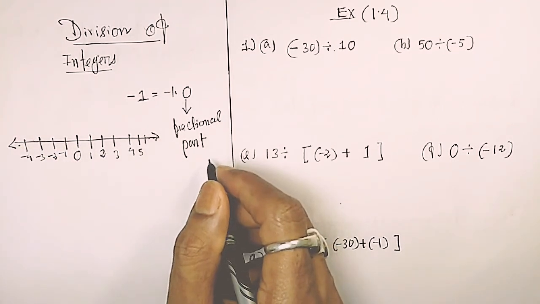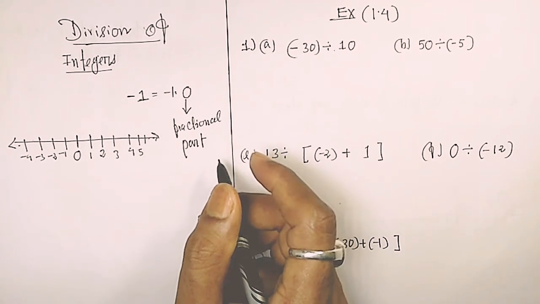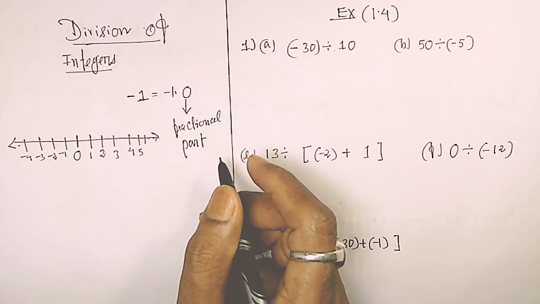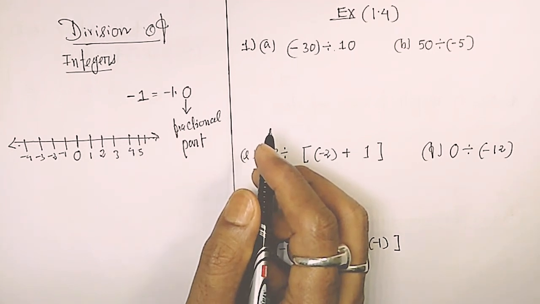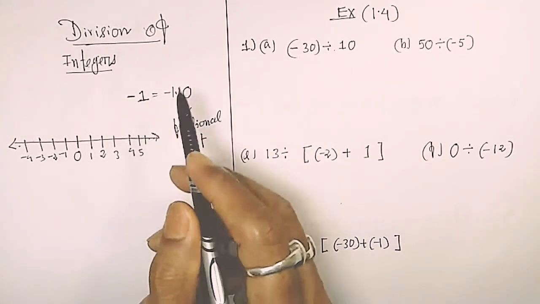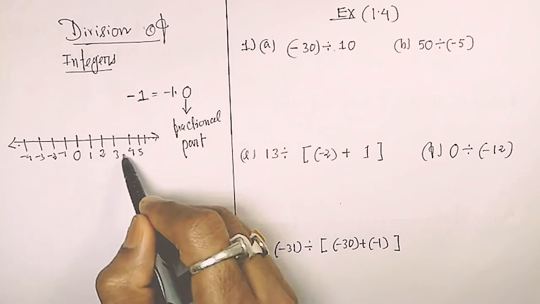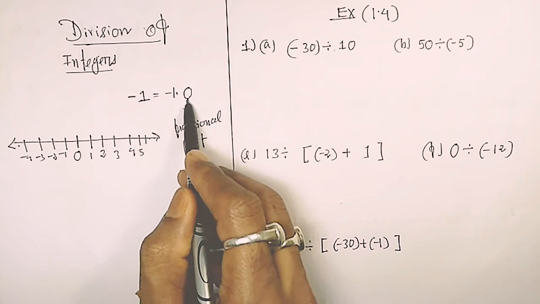And how many integers? Infinite number of integers, uncountable numbers. You cannot find out the total number of integers in the number system. Uncountable numbers, infinite numbers. And we have seen that in all these numbers the fractional part is always 0.